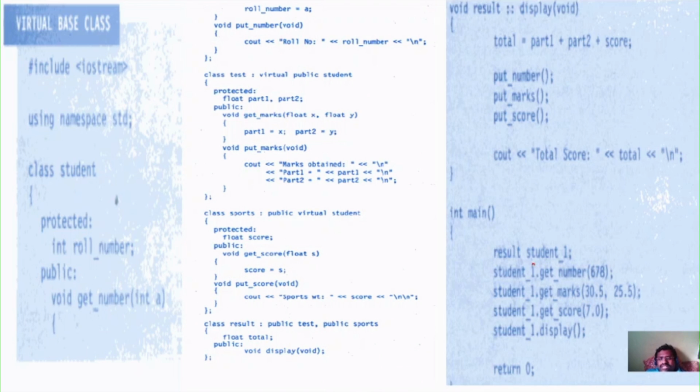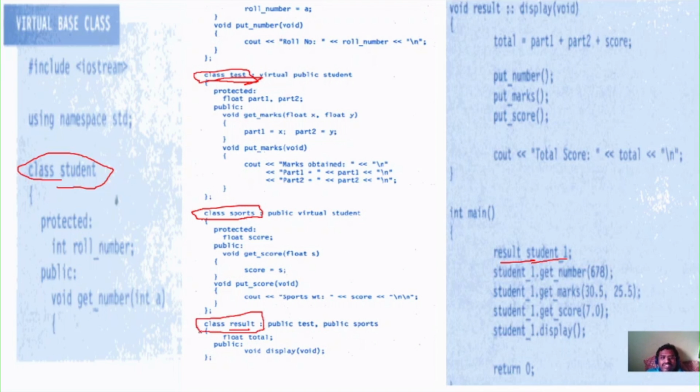We have created the student underscore 1. It is the object of the class result. Is it right? So now the class student is an abstract class, where we have not yet created any objects. Similarly, the class test is also called an abstract class since we have not yet created any object of the type class test. The class sports is also an abstract class since we have not yet created any objects of the class sports. But class result is not an abstract class.